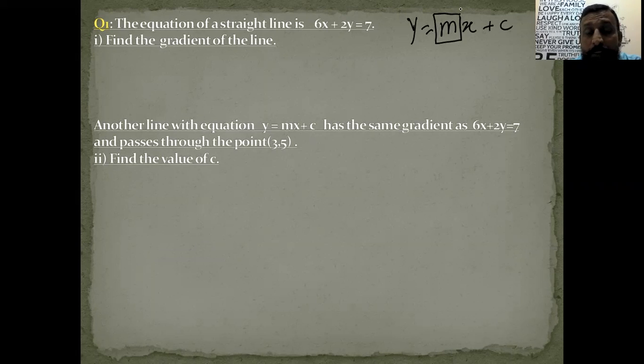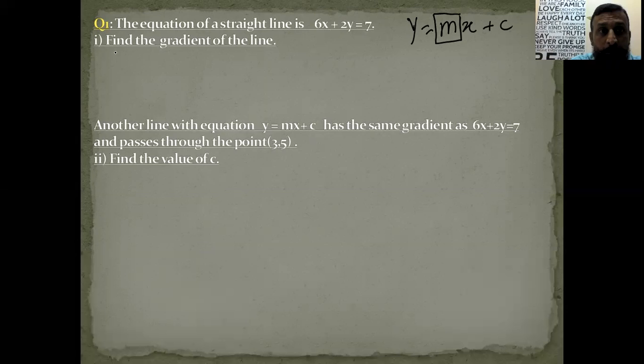So likewise, in the given equation 6x plus 2y equals 7, what we need to do is make y the subject of this equation. Then whatever is the coefficient of x, that coefficient will give us the gradient of this line. So let's start. We need to make y the subject of this.